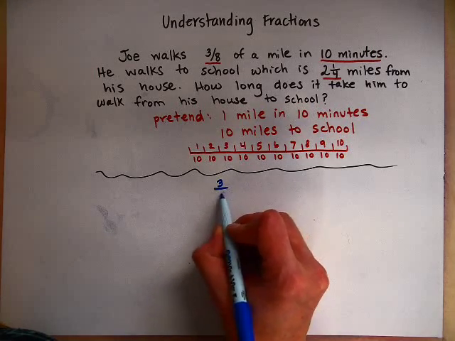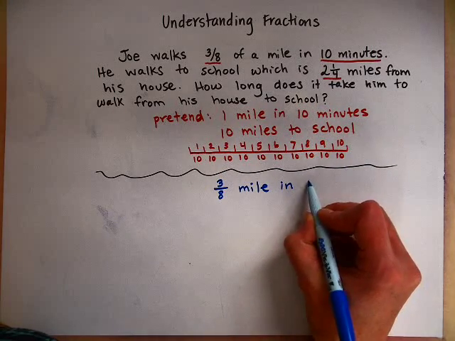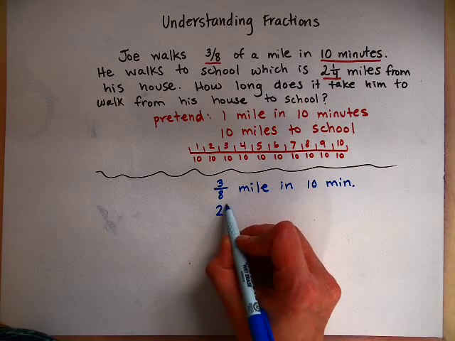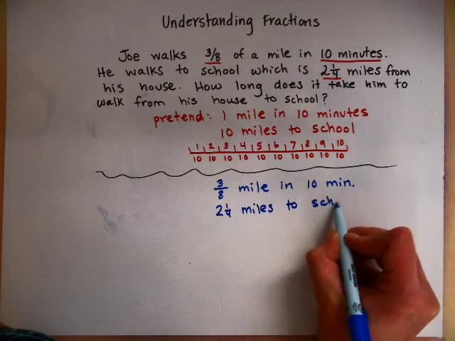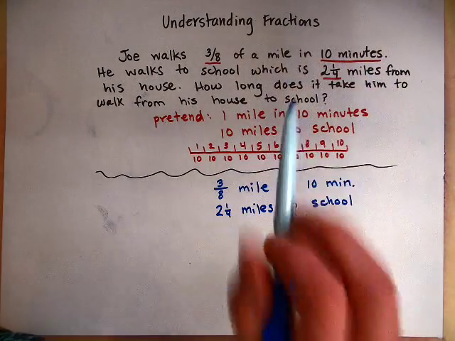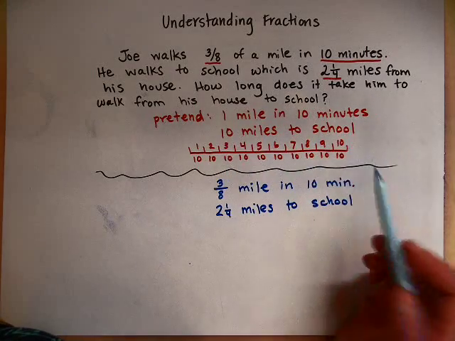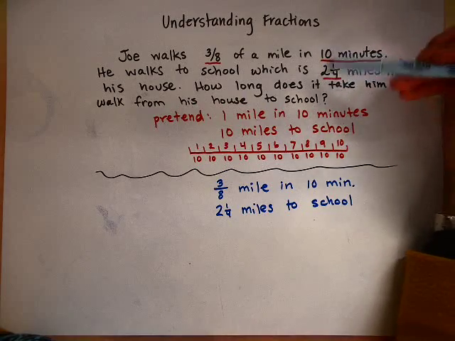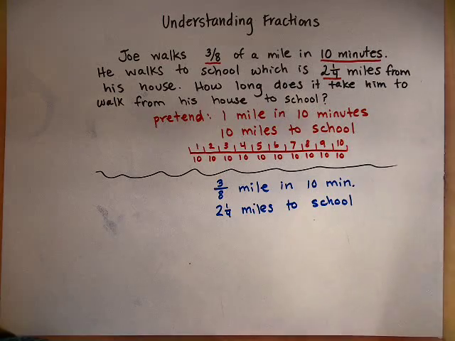So 3/8 mile in 10 minutes, and then it's 2 1/4 miles to school. I just replaced the easy numbers with the hard numbers that are in this problem. So I drew out how many miles it was. You have this amount of space that you need to walk, and this is how fast you go. And we want to know how long it takes you to walk the whole thing.